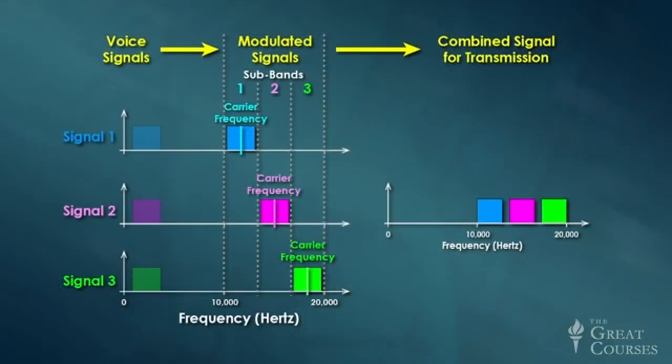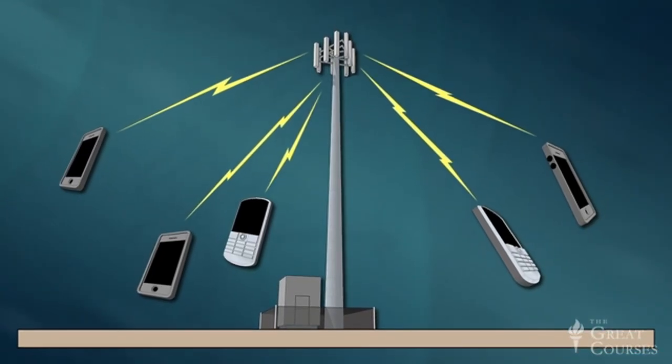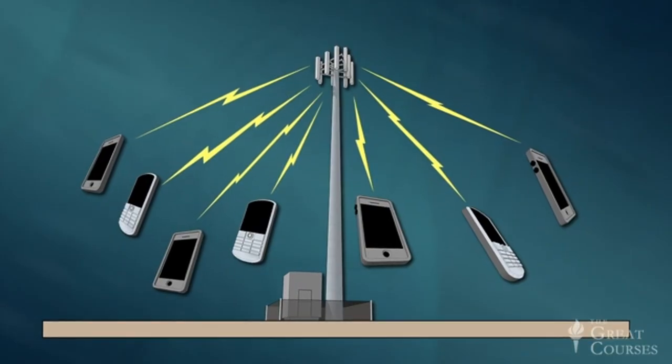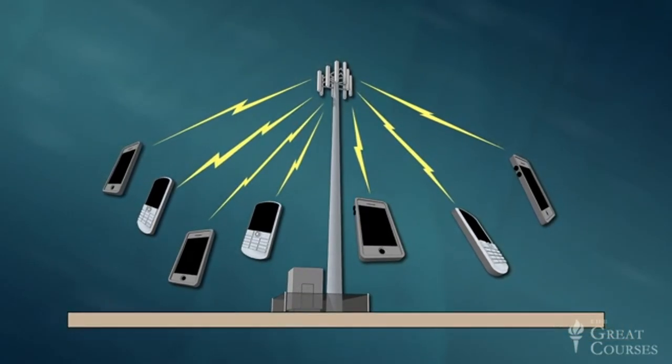In multiplexing, multiple conversations are combined into a single signal for transmission through a wire. In a wireless network, the individual conversations are transmitted independently between various mobile devices and the cellular base station. This is multiple access. The major technological advance in 2G networks was a new system called time division multiple access, which actually combines the concepts of frequency division and time division multiplexing.